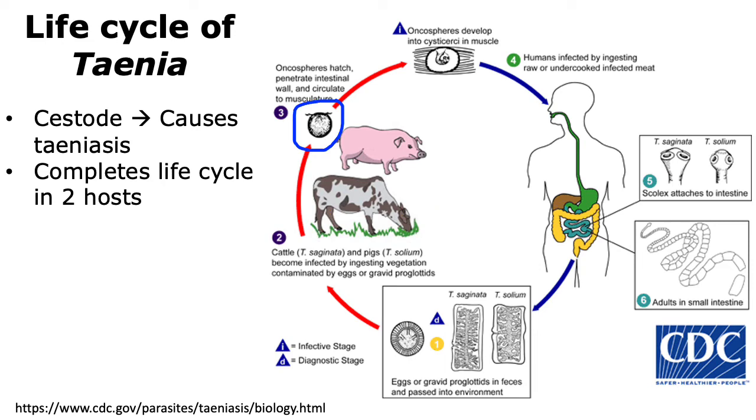In the muscle tissue, these larvae undergo further development. Once this infected muscle tissue is ingested by a human, the human gets infected with Taenia, and thus the cycle continues. Thus, Taenia utilizes two hosts, a human, which functions as the definitive host, and cattle or pigs that function as the intermediate host.